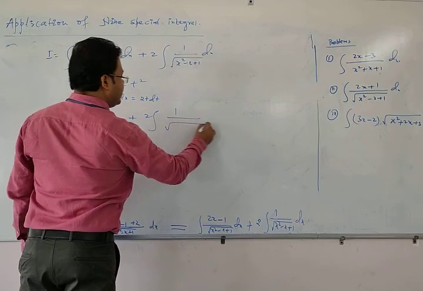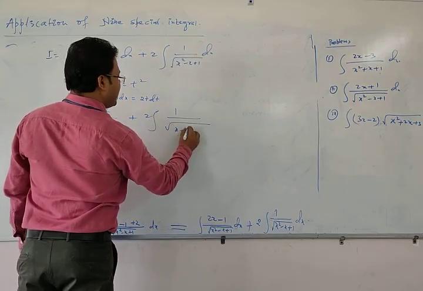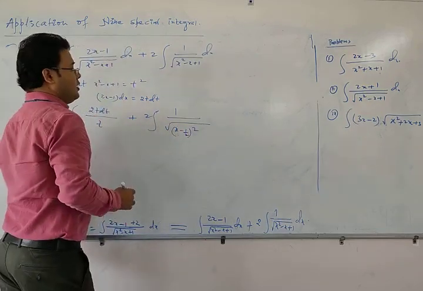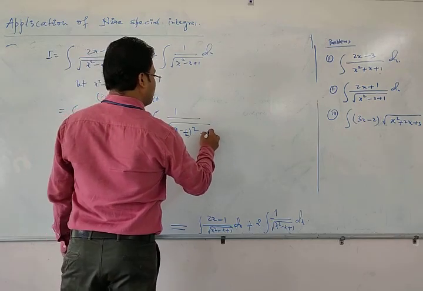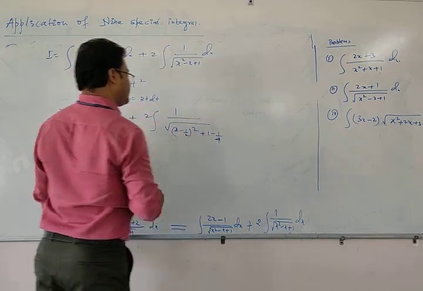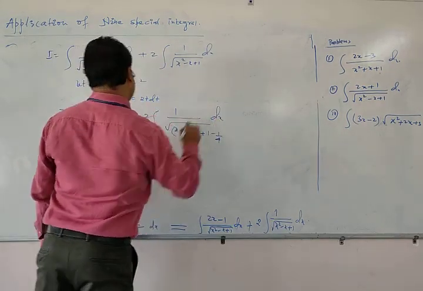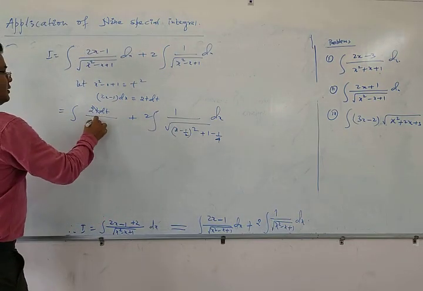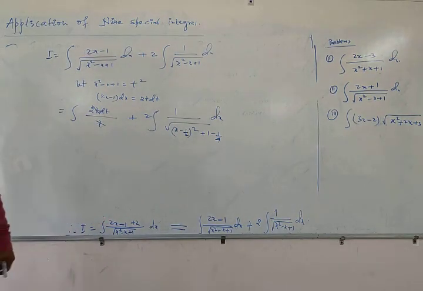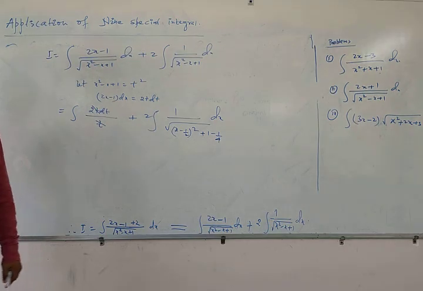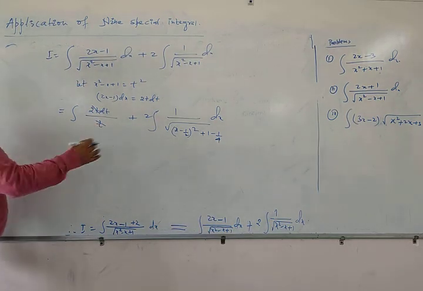So you can write (x minus half) whole square plus 1/4 plus 1 minus 1/4. Here you can write this. t and t are common in both numerator and denominator, so you have to cancel this out.